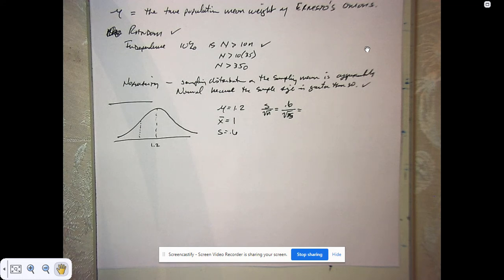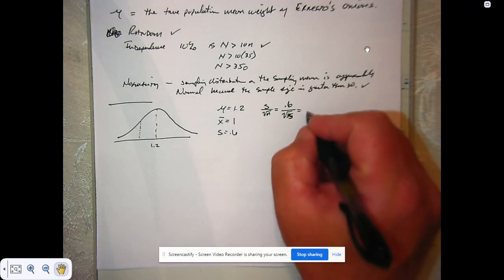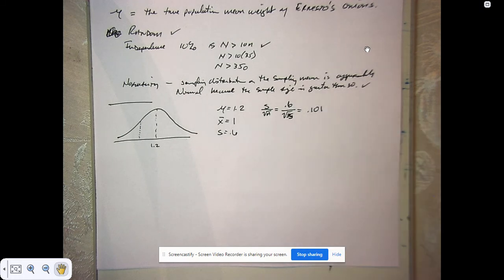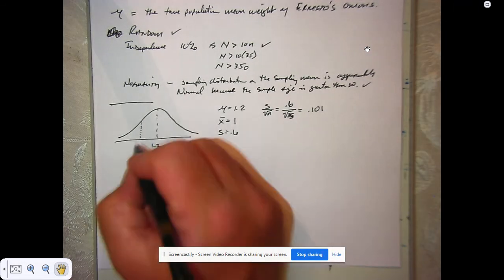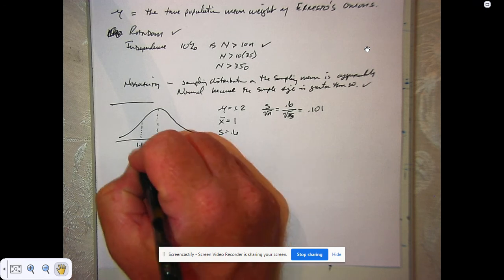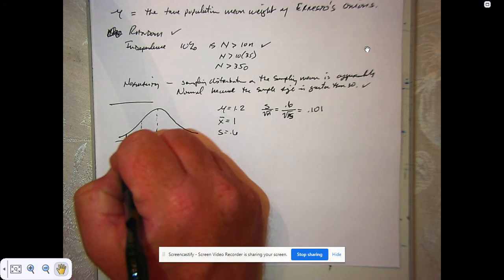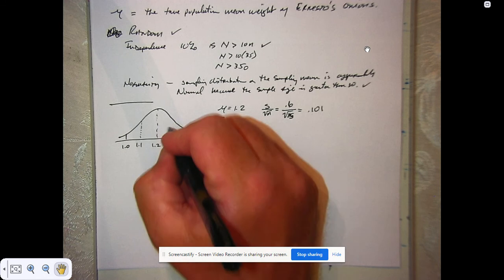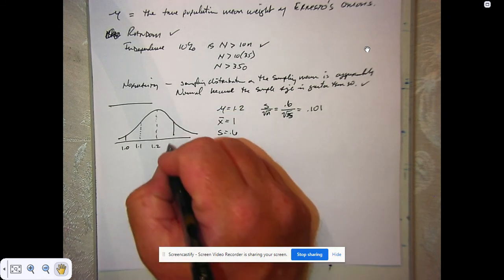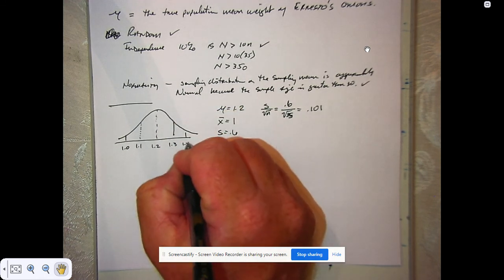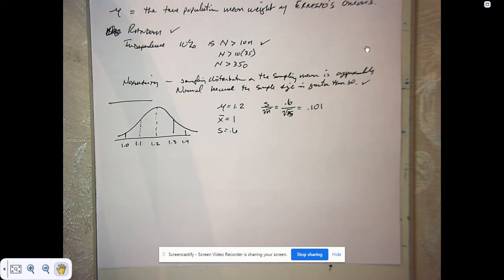So it's going to be about 0.101. So we're going to make it 0.1. So then this will be 1.1 and 1.0 for 1 standard deviation, 2 standard deviations. And there we are. That makes a lot more sense.